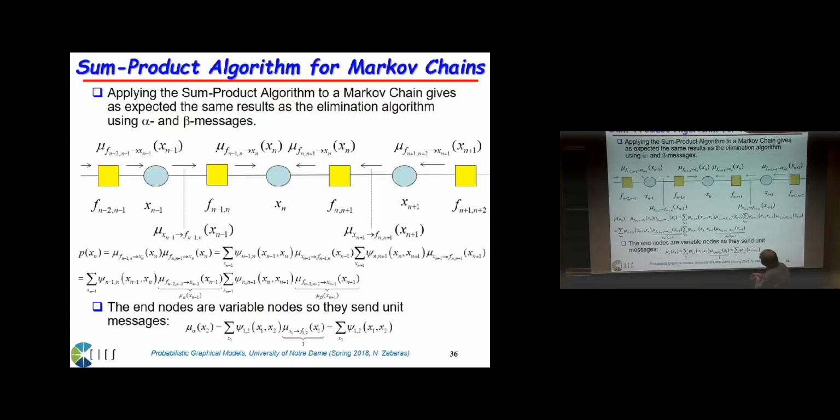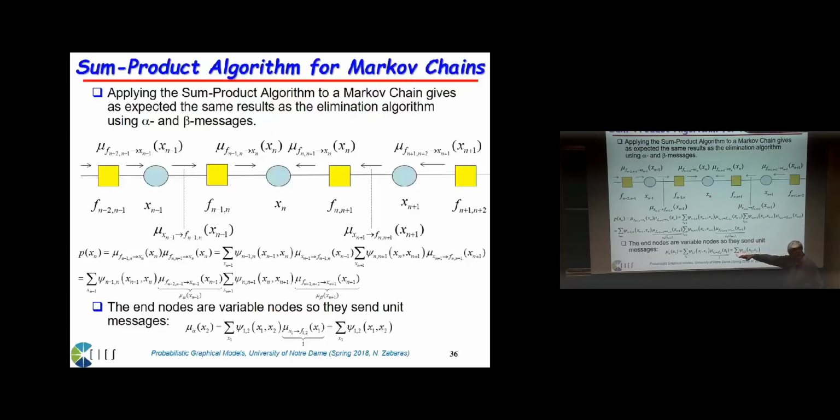It's the forward message m alpha at xn. And if I call this m beta xn plus 1, this whole thing is m beta xn, the message coming to xn backwards.